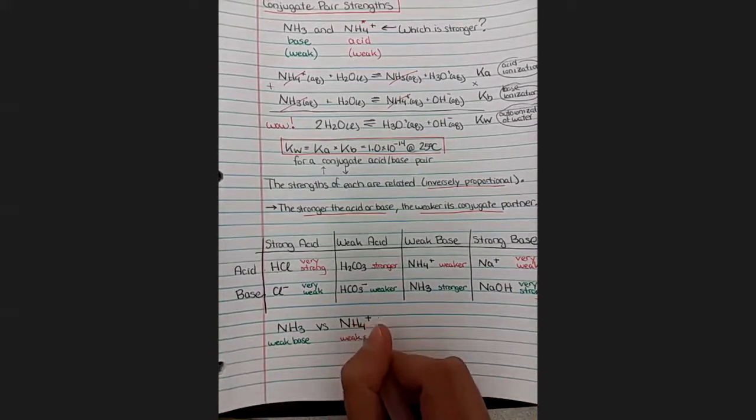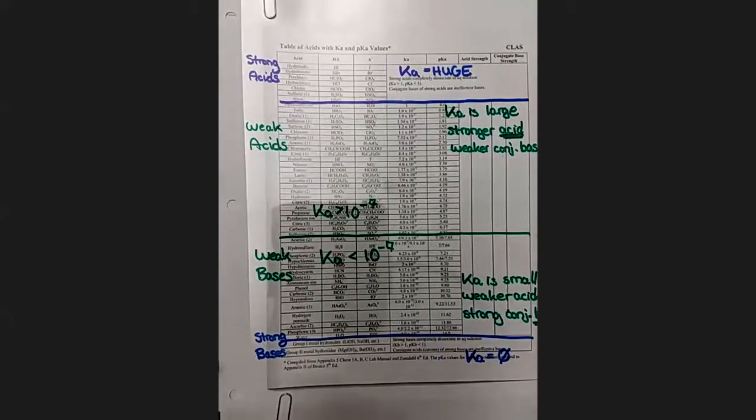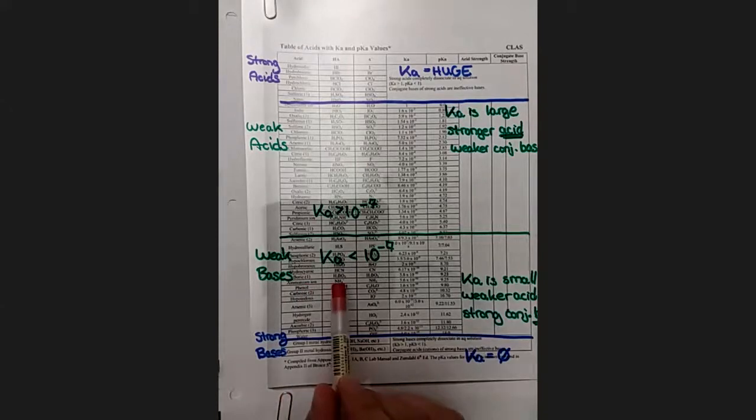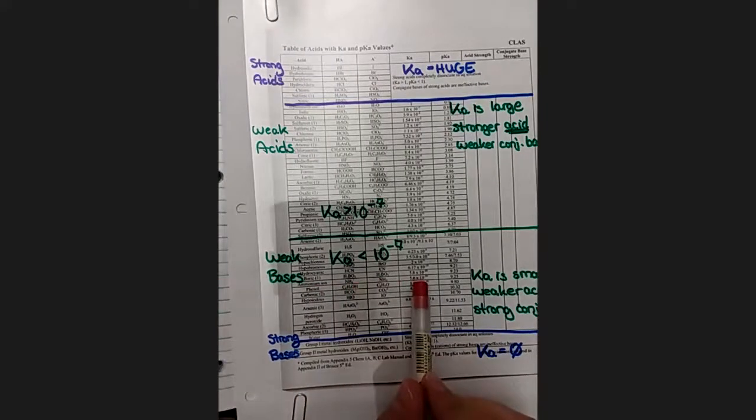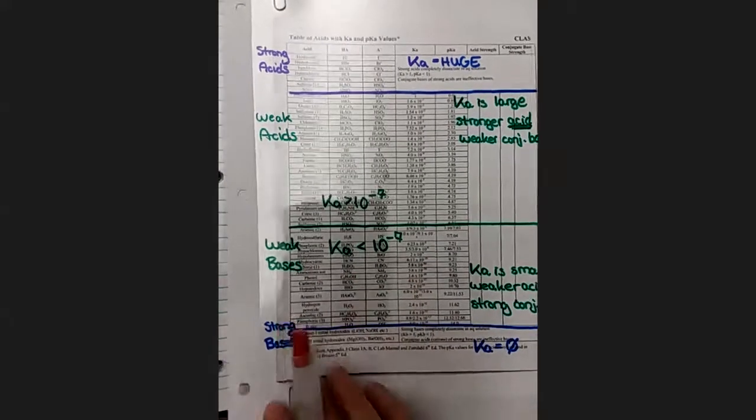So we said NH3 was a weak base, and we said NH4 plus is a weak acid. And on that ginormous table that you cannot actually read, partially because I wrote all over it, right here, ammonium is listed in the table, and its Ka is listed as 5.6 times 10 to the negative 10th.